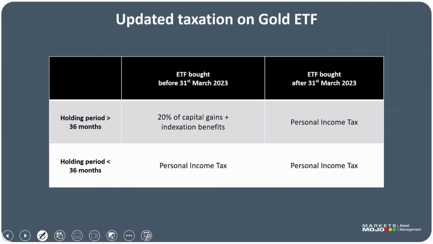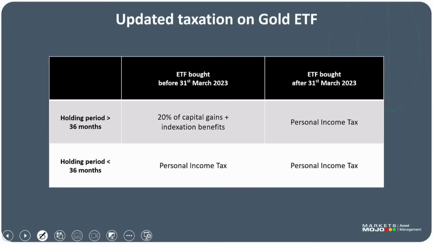But if you wish to buy now, it will be taxed at personal income tax. In other words, if you're in the 30% bracket, you are supposed to pay 30% tax on that. If you're holding for less than 36 months, whether you bought before or after 31st March 2023, in both cases it will be taxed at personal income tax.